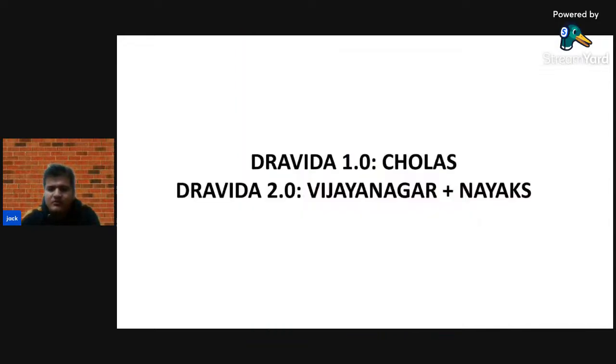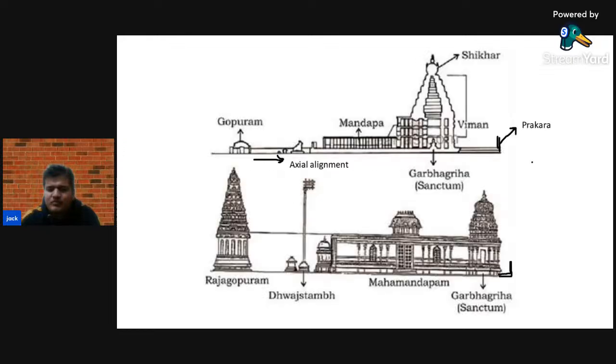Now we will come to the Dravida style architecture. It has two parts. First is the Chola evolution of earlier Dravid style architecture, a structure that evolved during the Pallavs, and then came to the Chola dynasty and the Pandya dynasty.